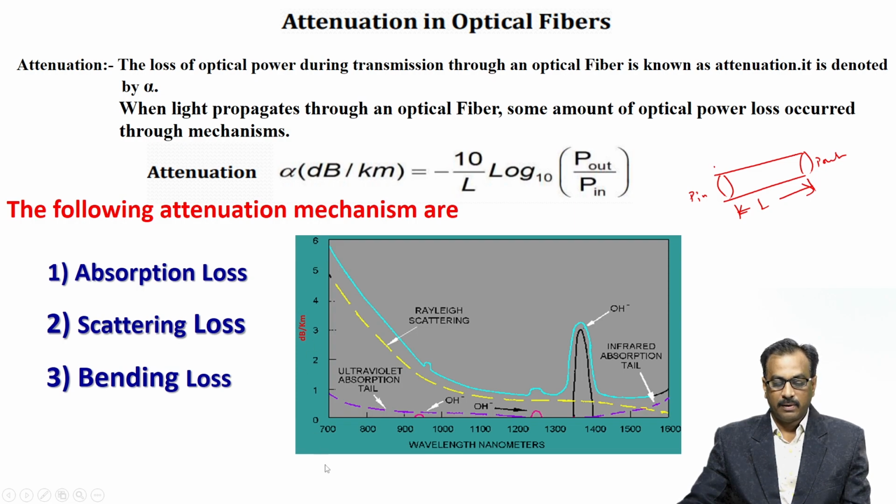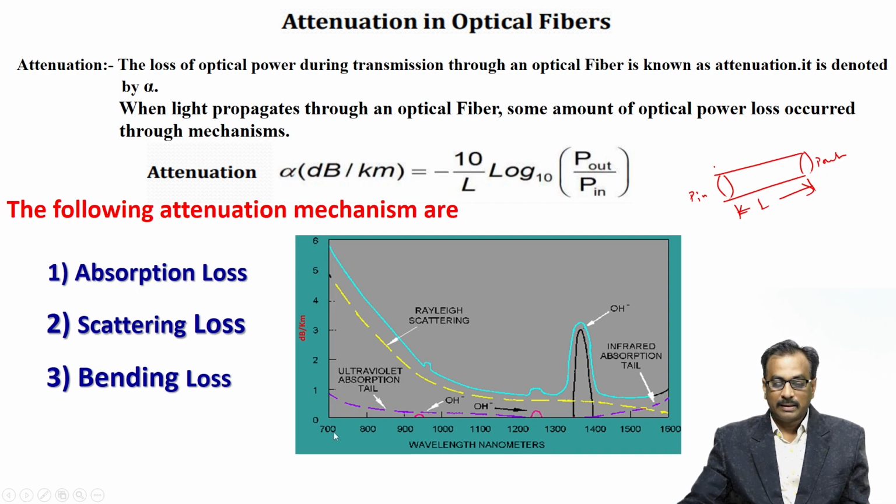This is the graph: wavelength on the x-axis, decibel per kilometer on the y-axis. Absorption loss is a wavelength dependent loss. At a lower wavelength, below 700 nanometers, the absorption loss is very high.